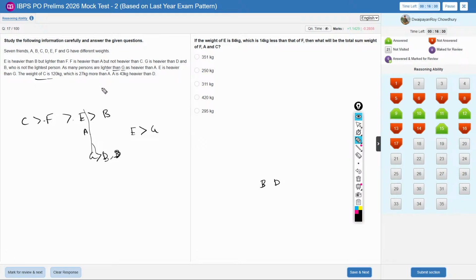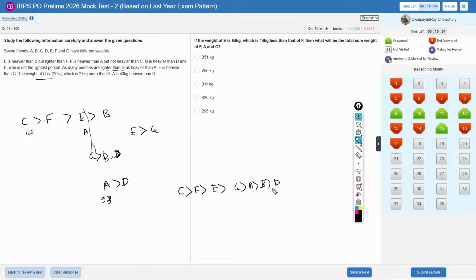Weight of C is this, 120. A is heavier than D, and A is currently 93. Okay. So C, F, E, G, A, B, like that.